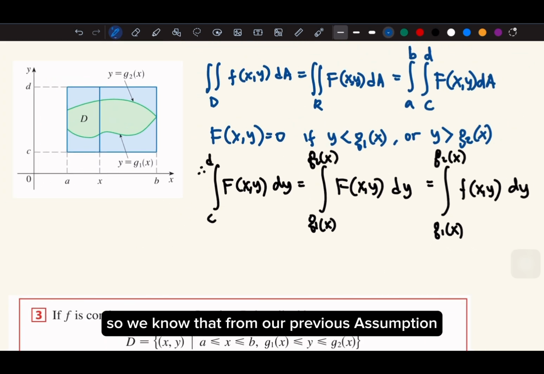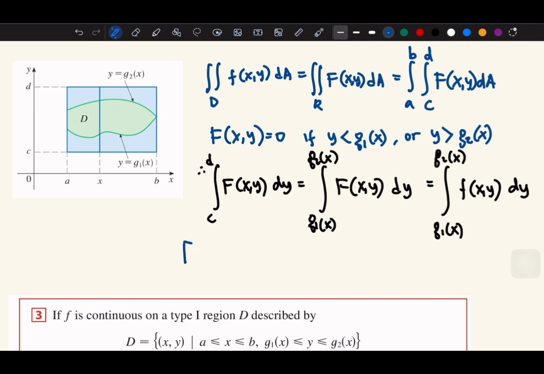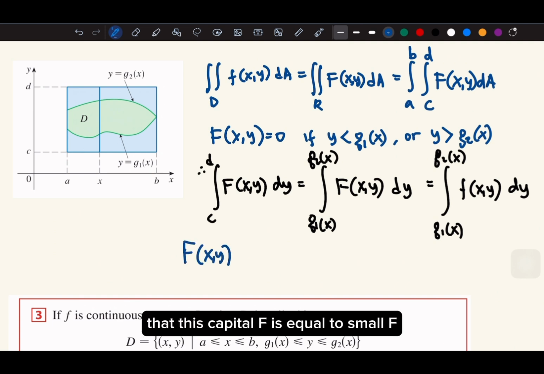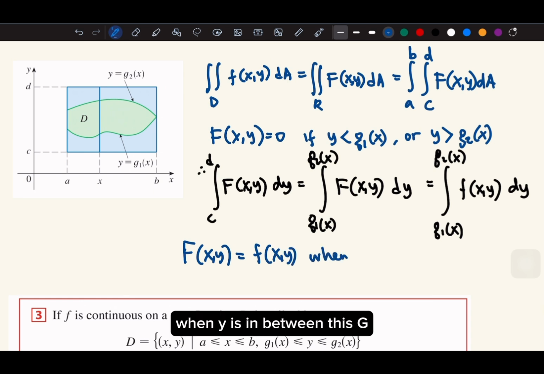So we know from our previous assumption that this capital F is equal to small f when y is in between g1 and g2.